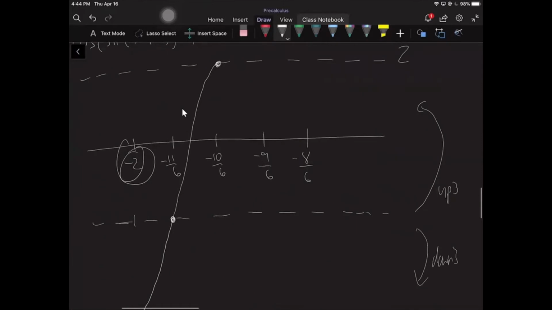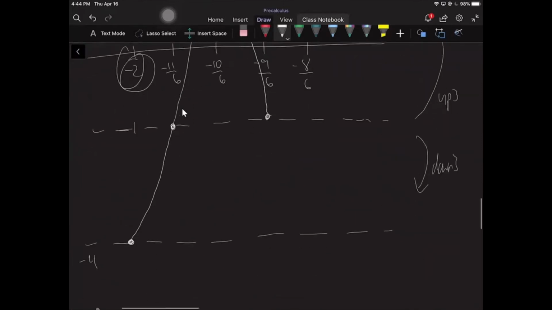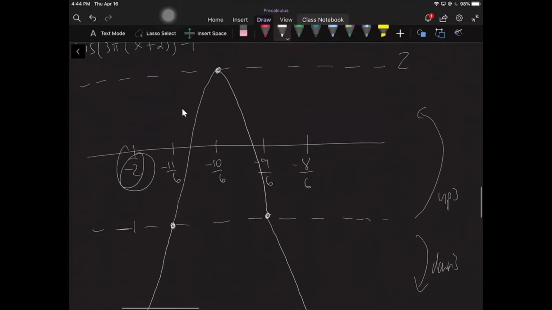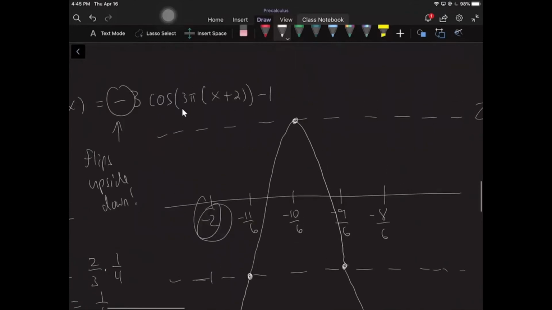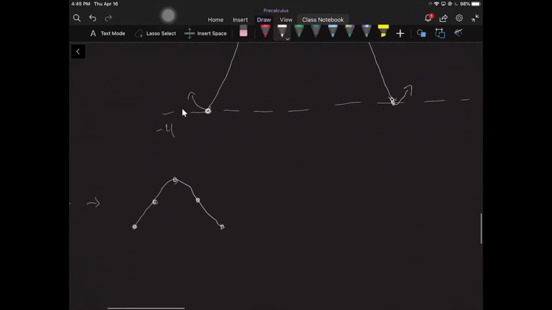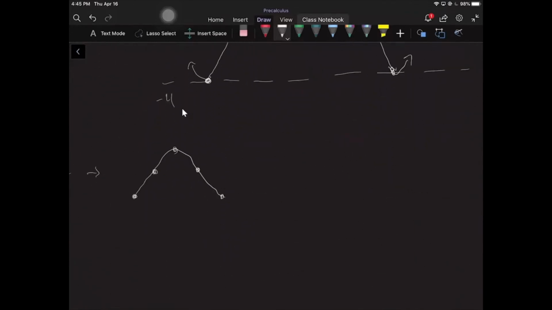And then back down to the middle. And then back down to the bottom. Okay, and then technically it keeps going forever like that, but we'll just draw one period. Okay, so that's it for this example, and this is the end of that video. So there'll be one more video, and I'll catch you over there.